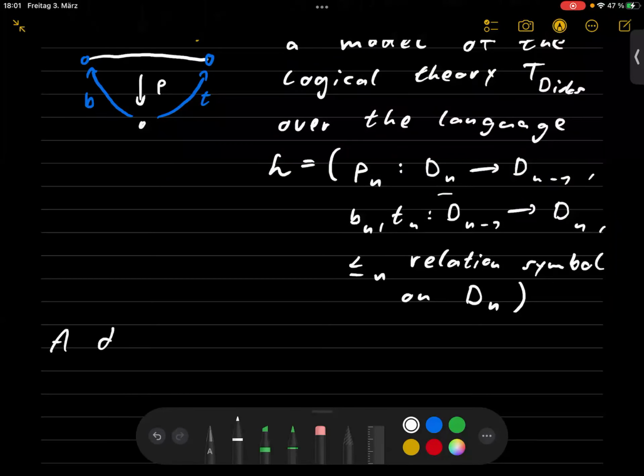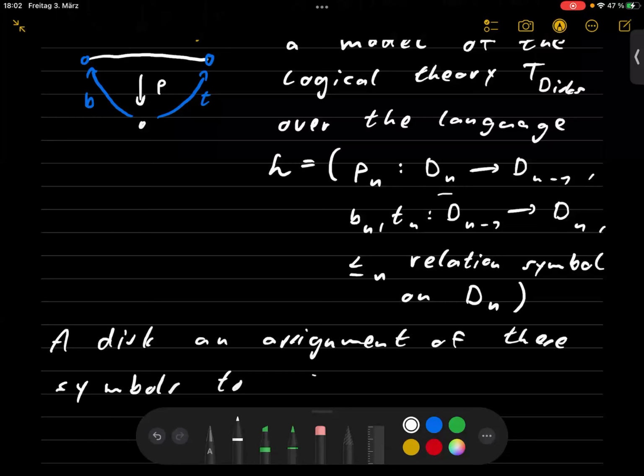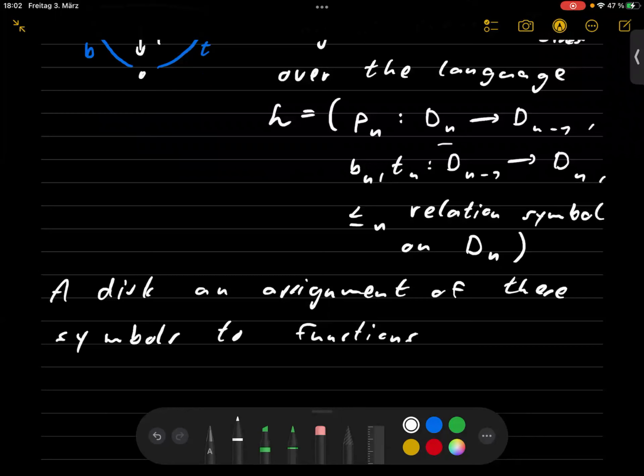A disk is then an assignment of these symbols, functions, and first of all maybe objects. Maybe I just immediately generalize this slightly.